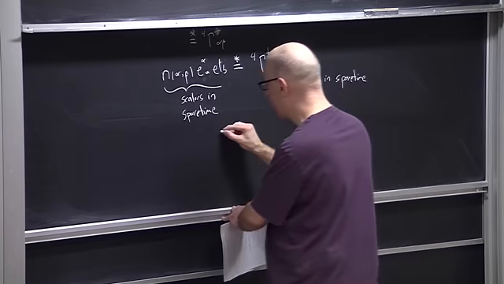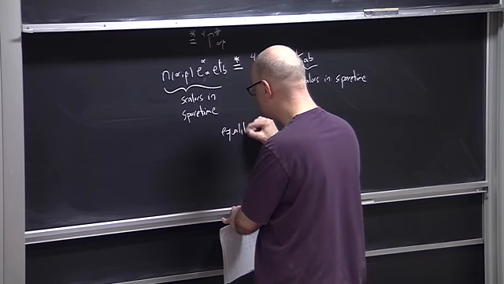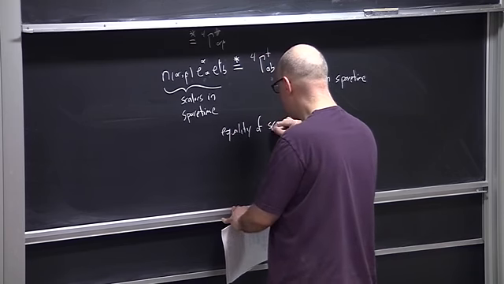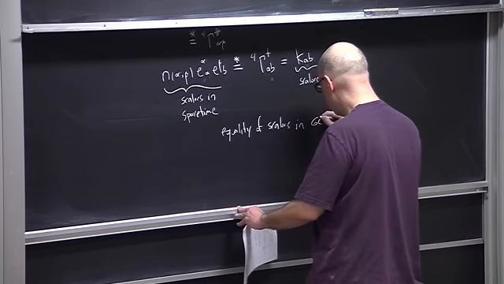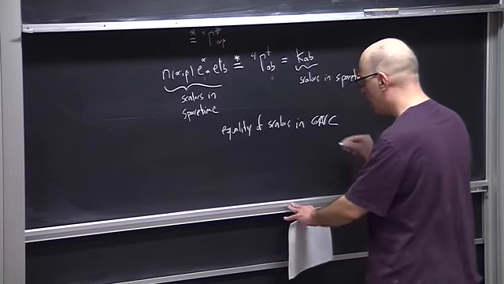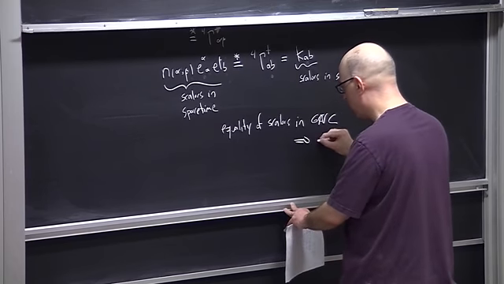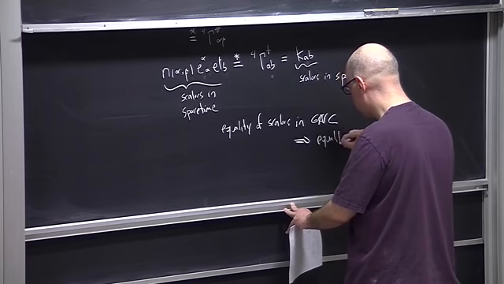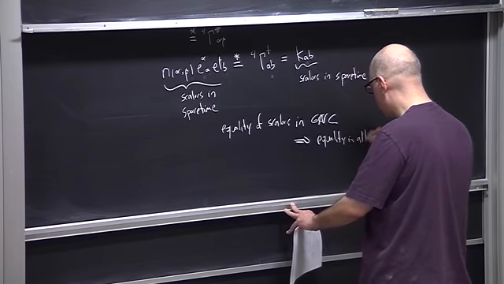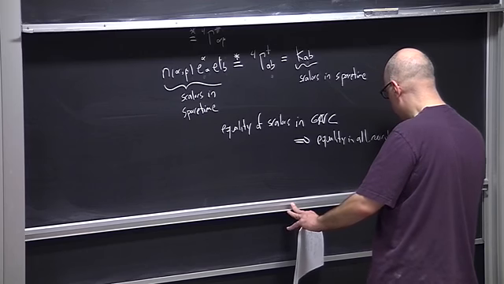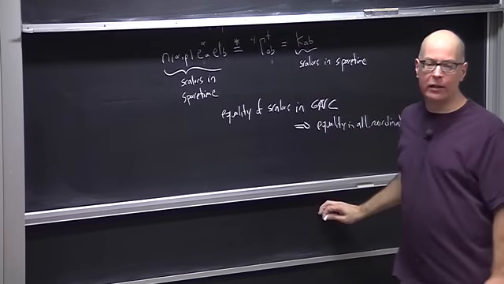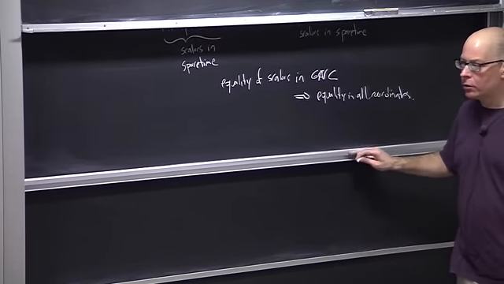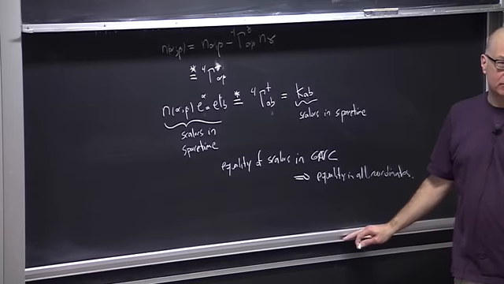And what we have is equality of scalars in Gaussian coordinates, which guarantees equality in all coordinates. And therefore, I know that this definition for the extrinsic curvature is actually a valid definition.